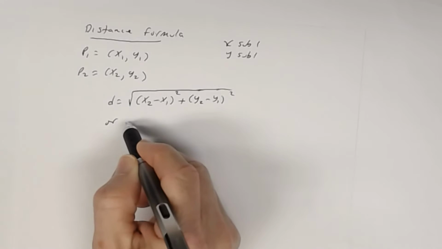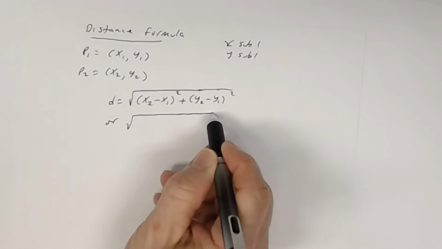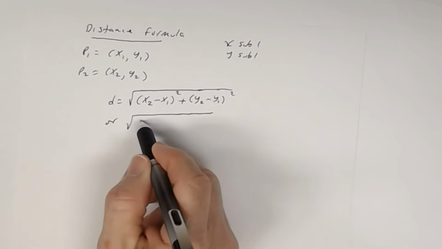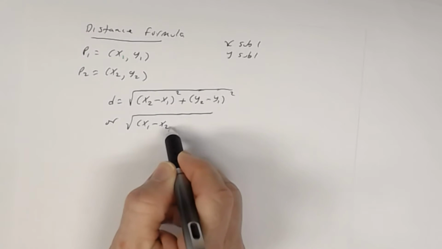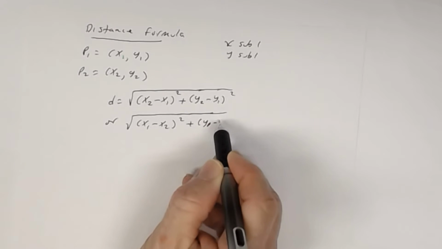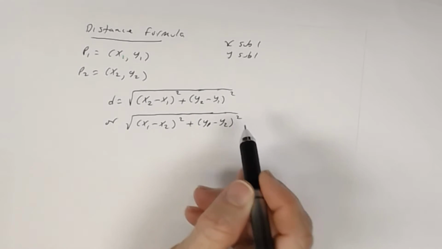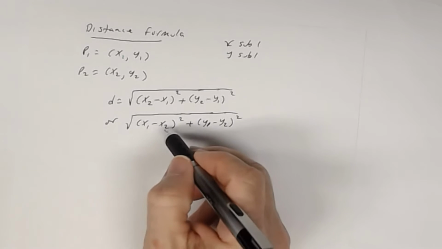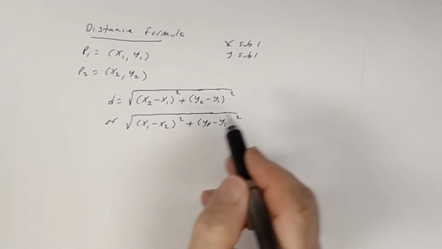You're going to say y2 minus y sub 1 squared. And again, it did not matter. Someone else could have said the square root of, remember all this is under the radical, x1 minus x2 squared plus y1 minus y2 squared. It doesn't matter because x2 minus x1 and x1 minus x2 are opposites.